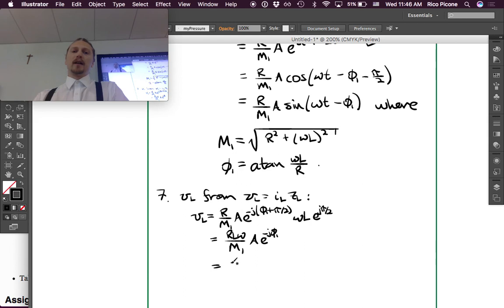Let's also write it in a trigonometric representation. And we have a cosine of omega t minus phi1.